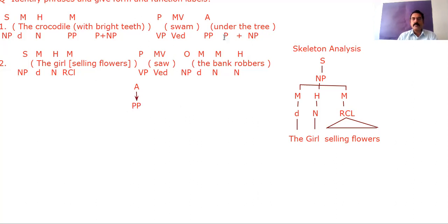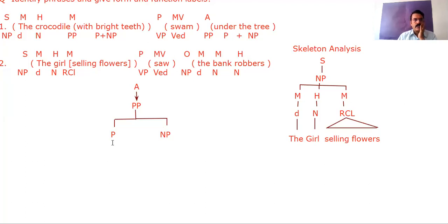The structure of PP is P plus NP. So we have to draw two branches here, one for P and another one for NP. So this one is for P and this one is for NP. So let us give the labels P, and here we have NP, fine, P plus NP.